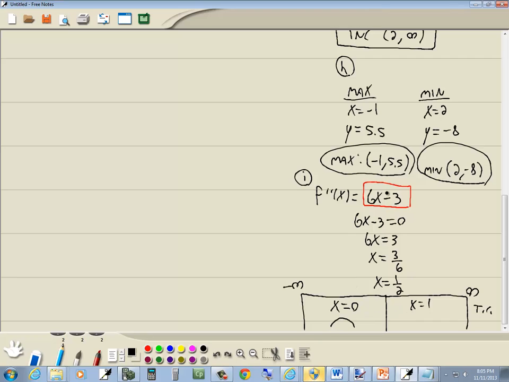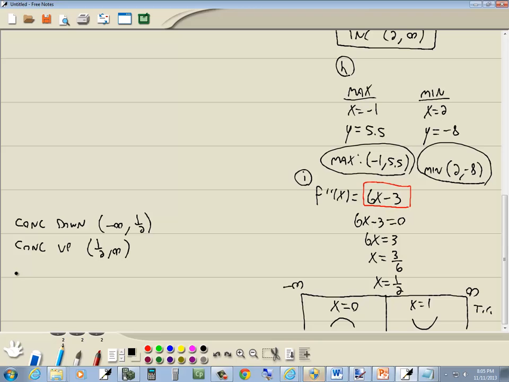If I put 1 in there, 6 times 1 is 6, minus 3 is positive, so this is concave up. So it's concave down from negative infinity to 1/2, and then it's concave up from 1/2 to positive infinity.